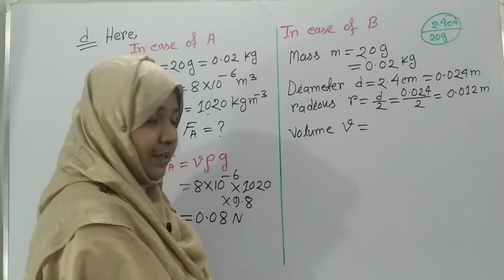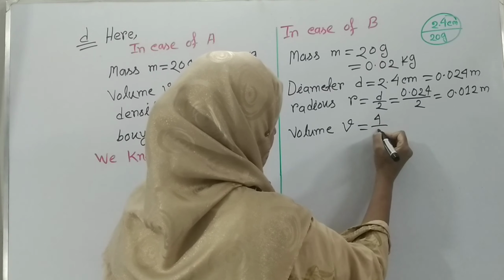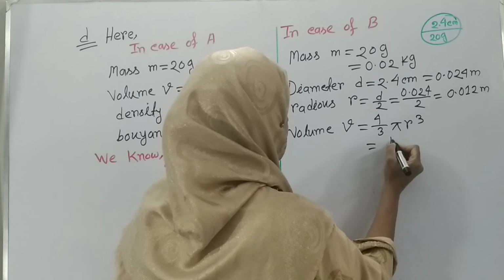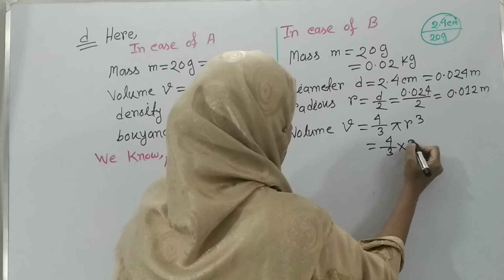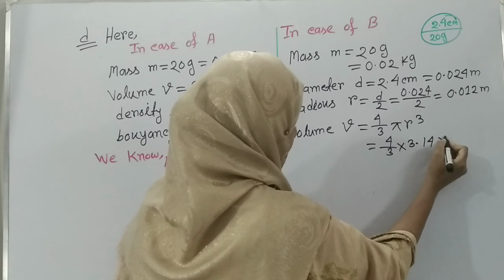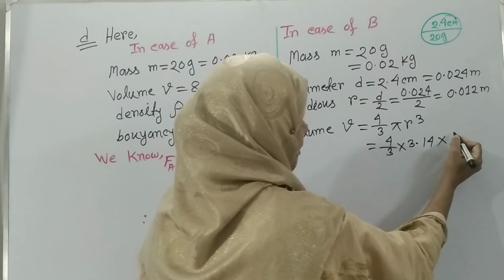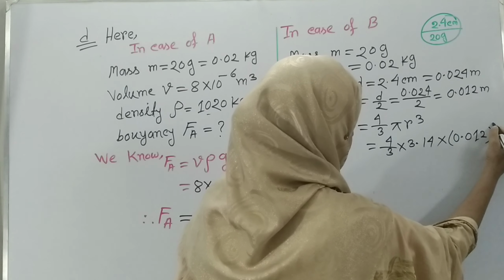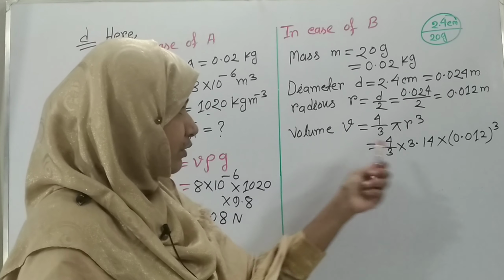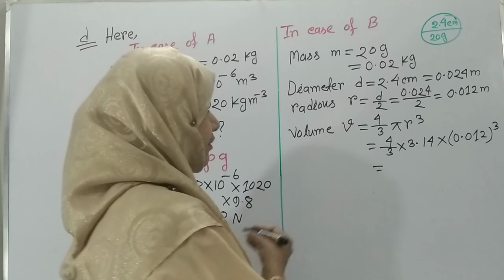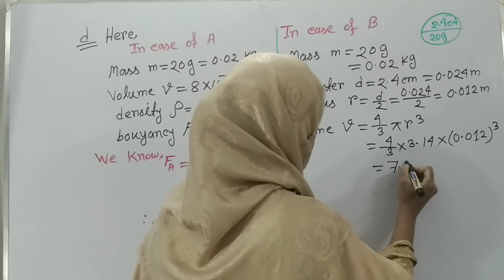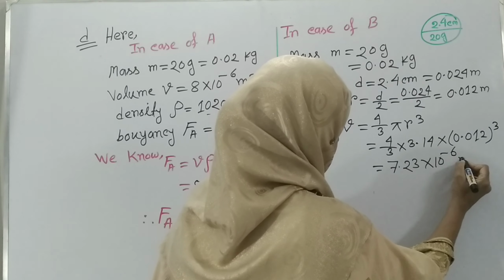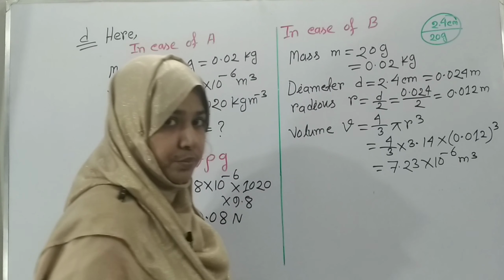Now the volume of the object, V, is 4 by 3 pi r cube. The value of pi is 3.14 and the value of r is 0.012, to the power cube. So after calculating it, you will get the value 7.23 into 10 to the power minus 6 meter cube.